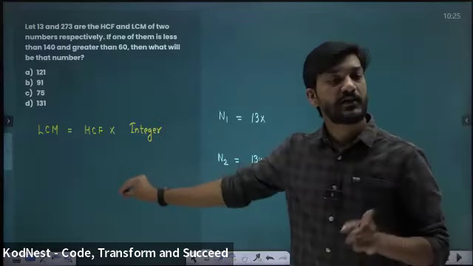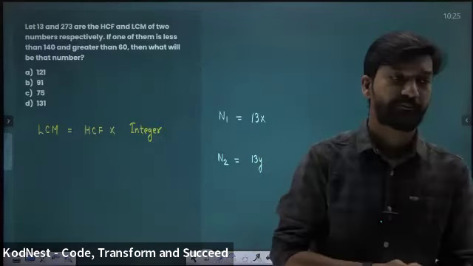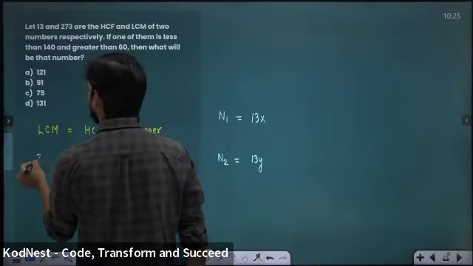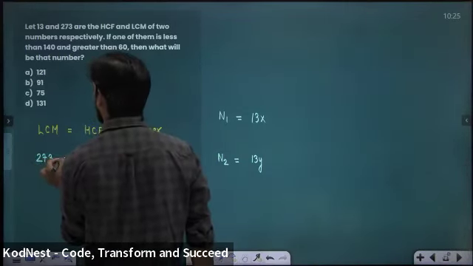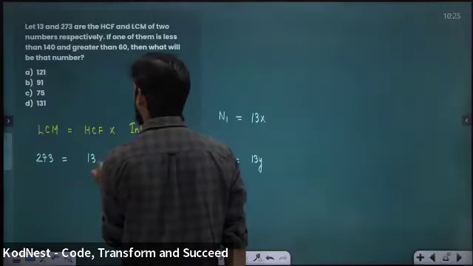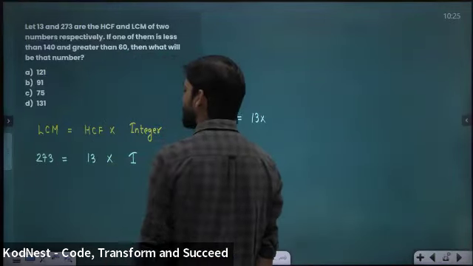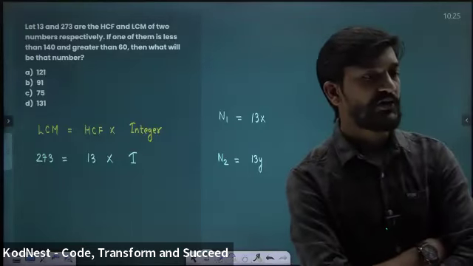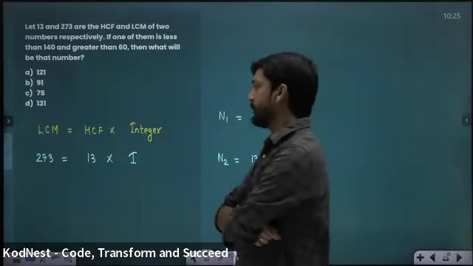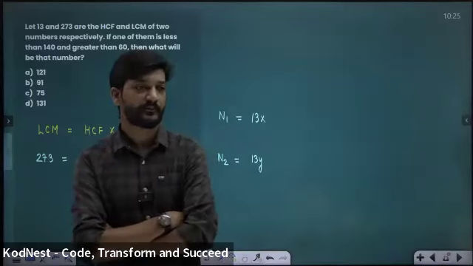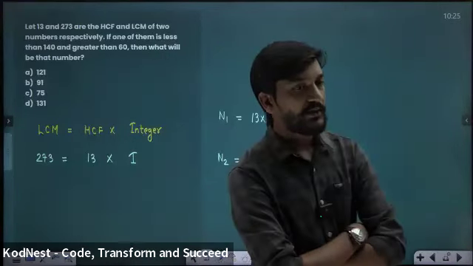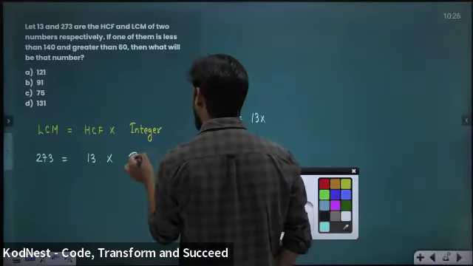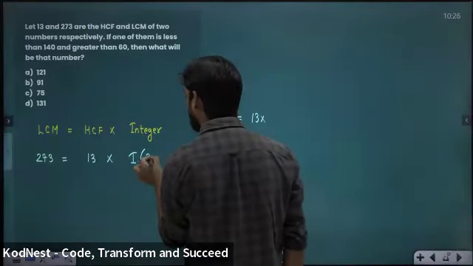LCM is 273, HCF is 13 into integer. How much is this integer? 21. Okay, so let's write 21.